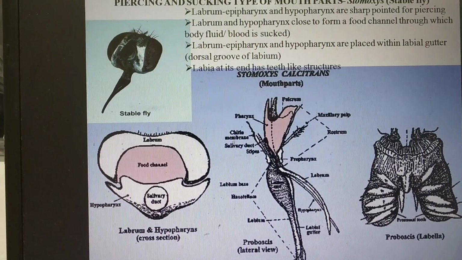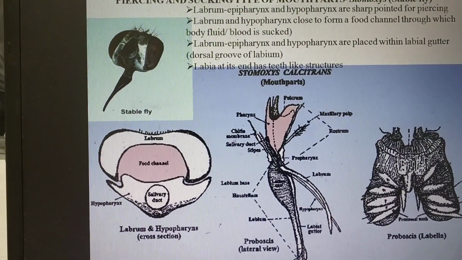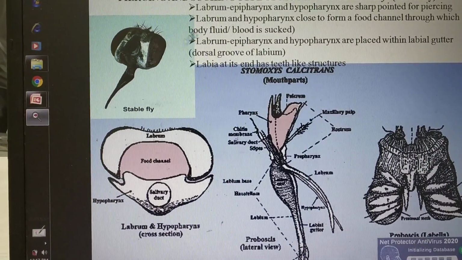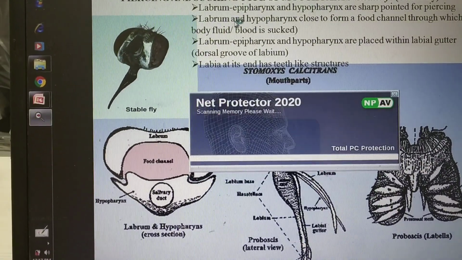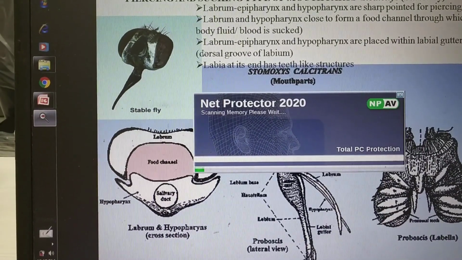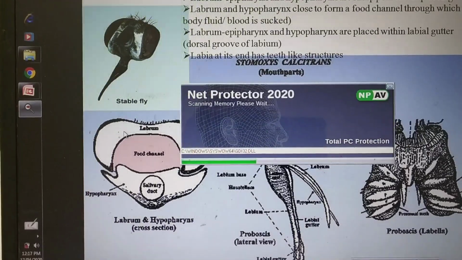Maxillary palps are there. The main important part here is the labrum epipharynx.